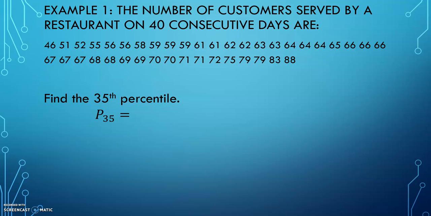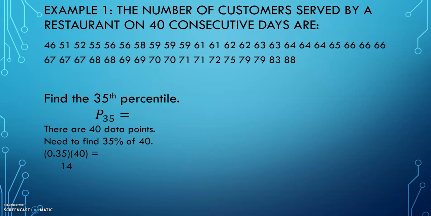We only have 40. To find the 35th percentile, we need to find 35% of 40. 0.35 times 40 equals 14. The 14th number in the list is 62. P sub 35 is 62.